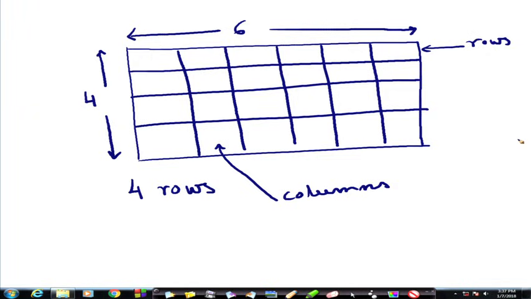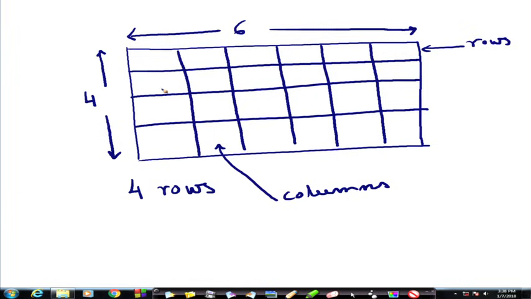So, a two dimensional array like this can be considered to be consisting of, in this case, 4 one dimensional arrays arranged one after another. So, this is one array which we learnt till now.